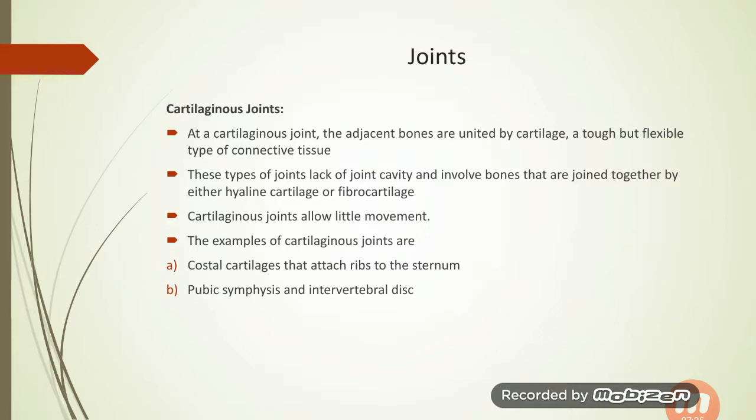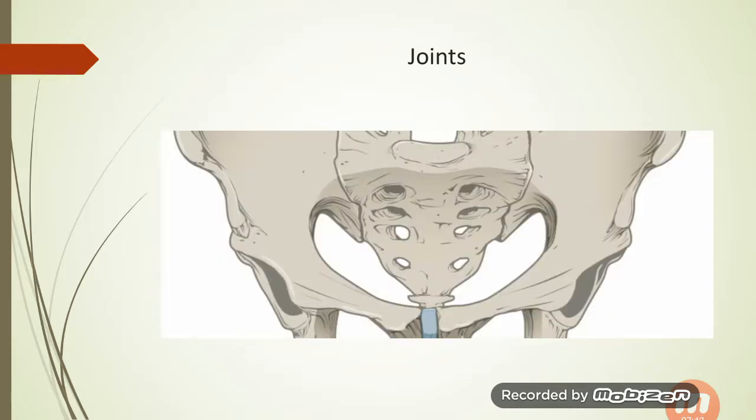The pubic symphysis is the joint shown in the diagram with the blue color, the small region. This is called the pubic symphysis.